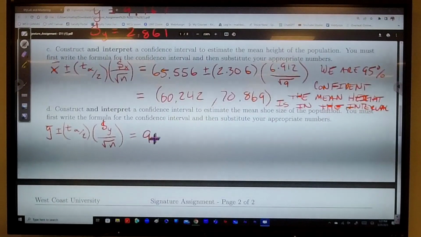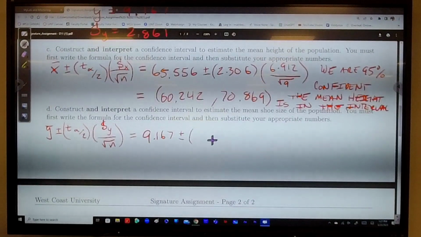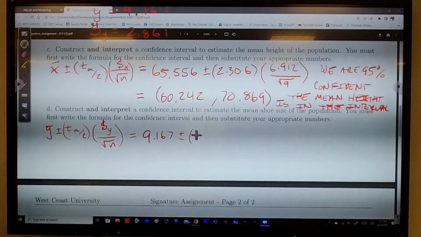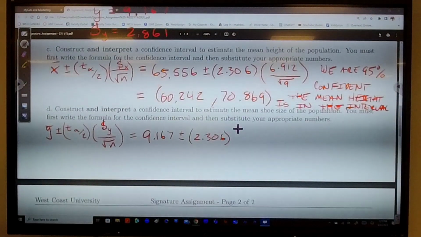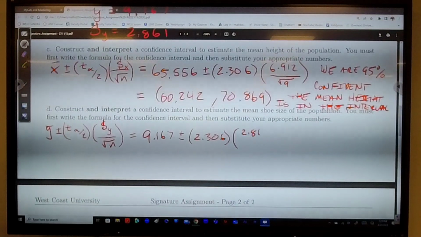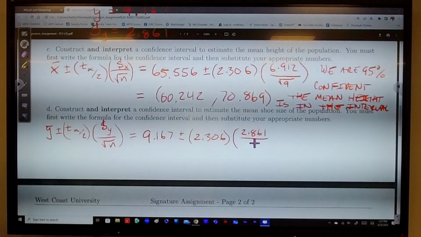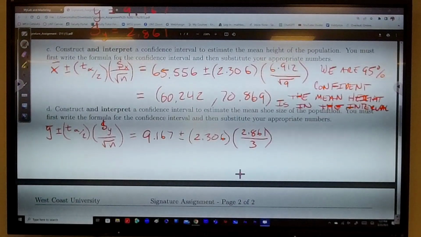And so I'd have 9.167 plus or minus the very same t sub alpha over 2, 2.306, times my s sub y, which was 2.861, over the square root of 9, which is just 3. You can write 3 or you can write square root of 9, it's the same.